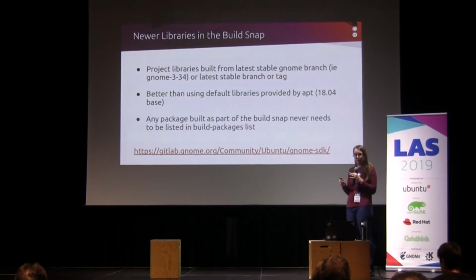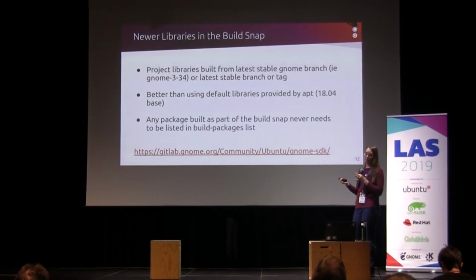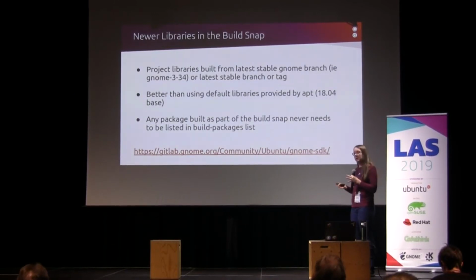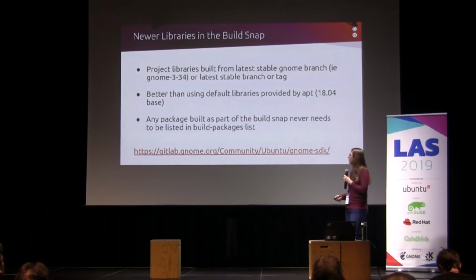I mentioned briefly that we have this build snap that's an underlying piece that the person building a snap doesn't need to care about. But because it's a key integral part of the extension, I wanted to tell you a little bit about it. I told you there were about 36 projects that we build from source, and we do that from the latest stable GNOME branch, if there's a 3.34 branch. If not, then we look for the latest stable branch or tag or what have you.